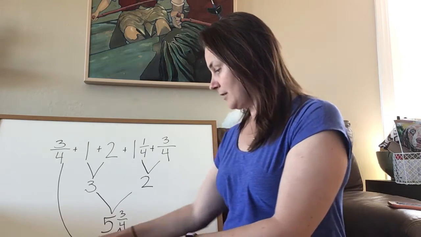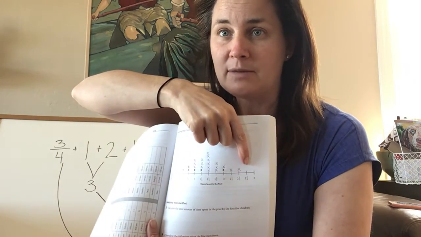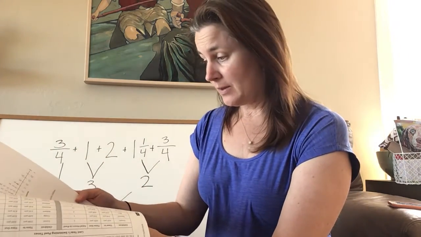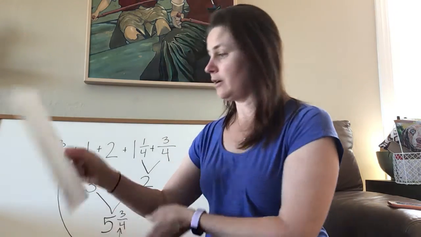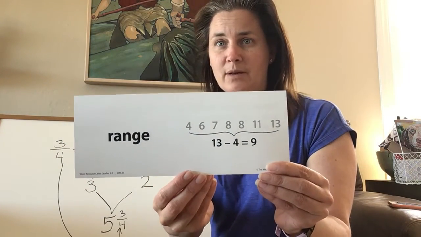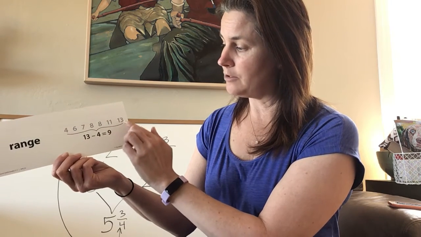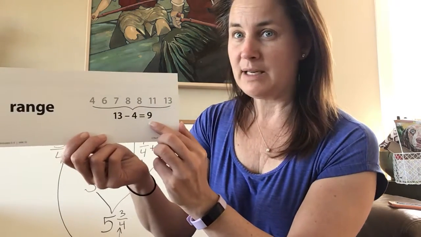Now number 4 talks about the minimum and the maximum. The minimum is the smallest amount of time spent in the pool, and the maximum is the most amount of time spent in the pool. The range is the difference between the greatest and the least value. Here's our vocabulary card from our classroom, where if you had a range from 4 to 13, you would find the range by subtracting 13 minus 4, so the range would be 9.